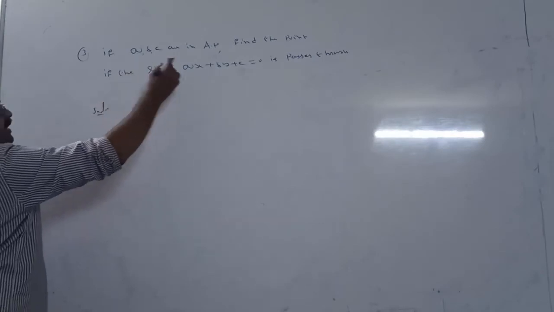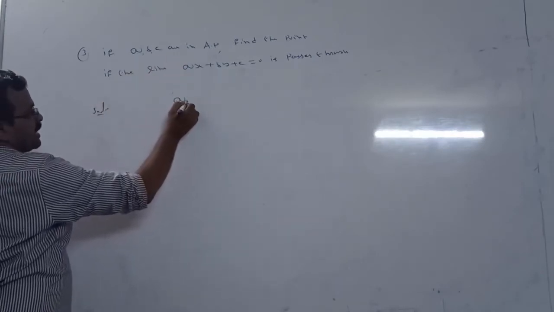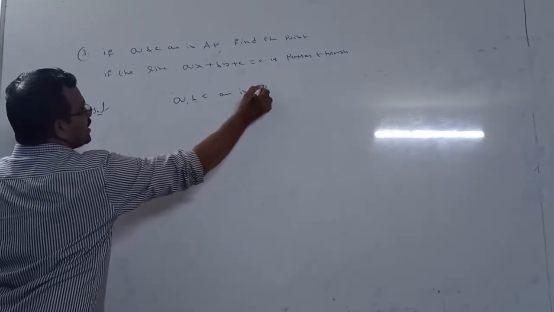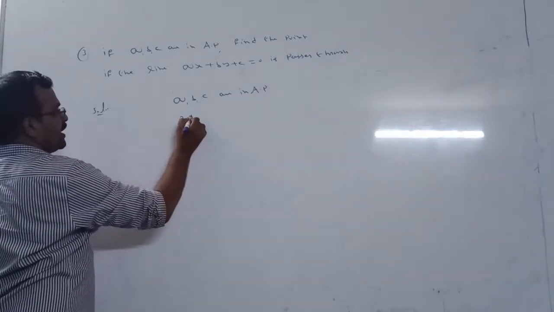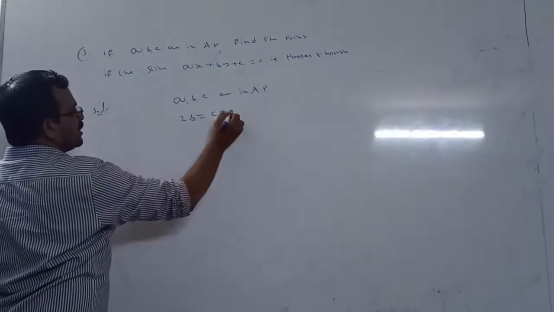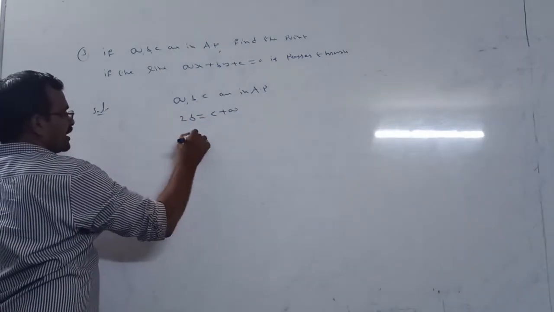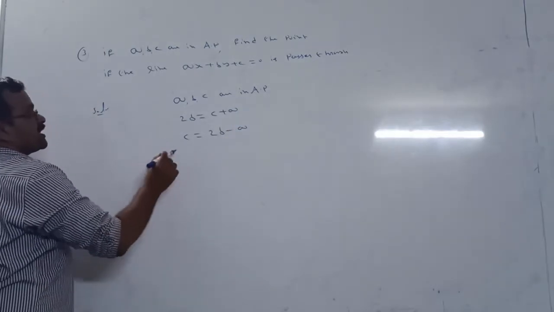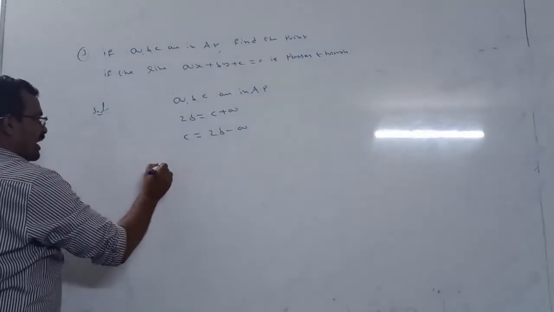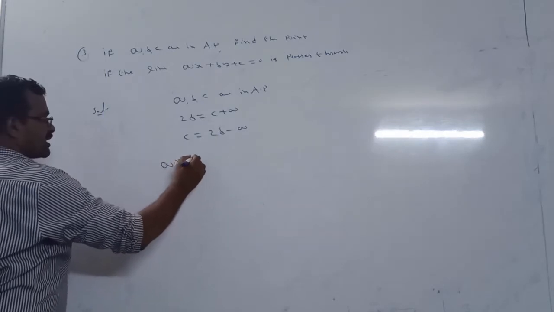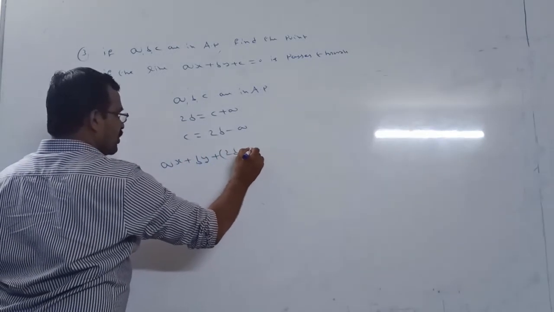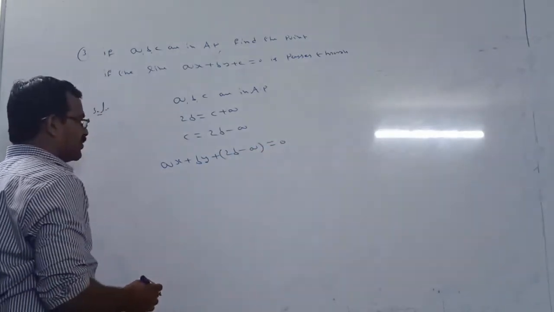The statement is a, b, c are in arithmetic progression. That means 2b equals c plus a, otherwise c equals 2b minus a. You can substitute this value in the given line: ax plus by plus 2b minus a equal to 0.